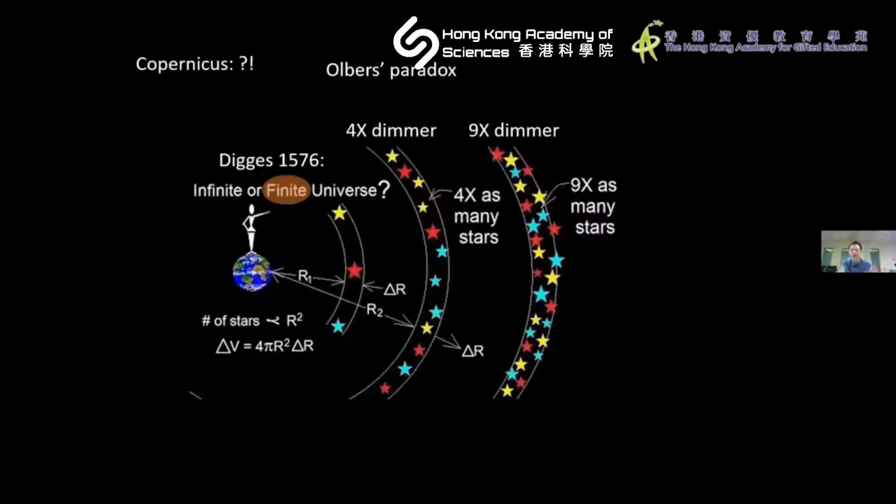The generalized Copernican principle says even our solar system, even our Milky Way, is not the center of our universe. If you assume the universe has a finite size, are you saying that we are at the center of our universe? That doesn't sound right.